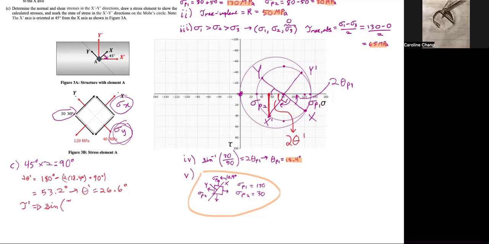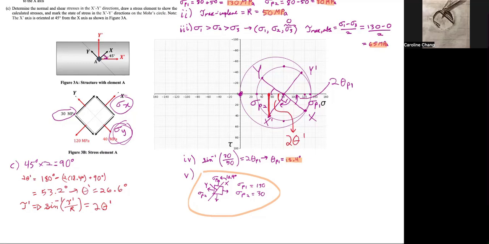Sine of tau prime over r, or rather arcsine of tau prime over r, so opposite over hypotenuse, is going to give you this angle 2 theta prime.